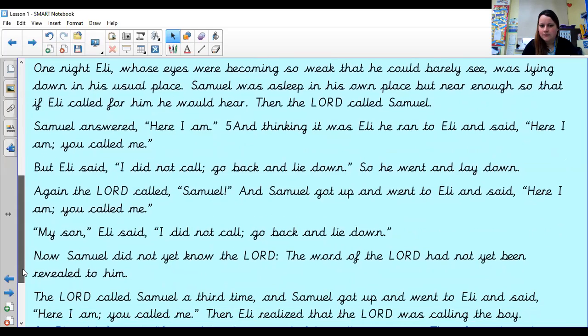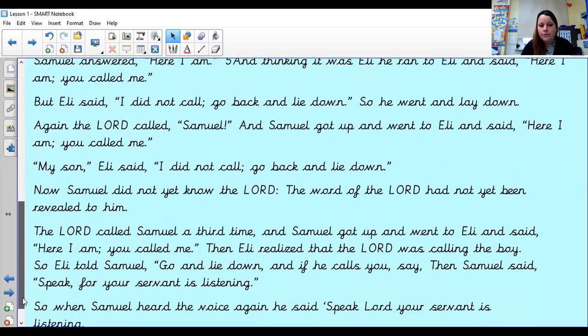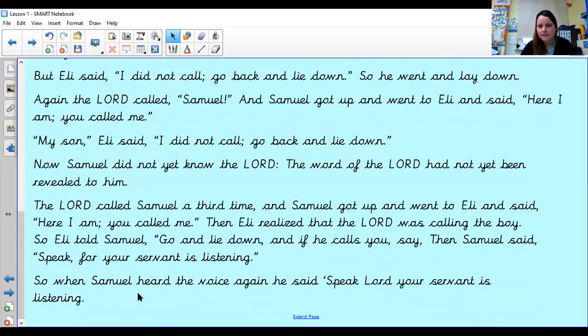Again the Lord called, "Samuel." And Samuel got up and went to Eli and said, "Here I am, you called me." "My son," Eli said, "I did not call. Go back and lie down." Now Samuel did not yet know the Lord. The word of the Lord had not yet been revealed to him. The Lord called Samuel a third time, and Samuel got up and went to Eli and said, "Here I am, you called me."